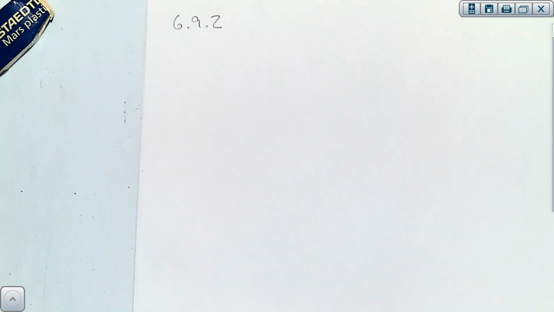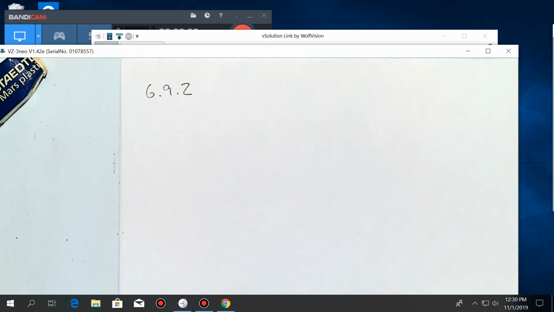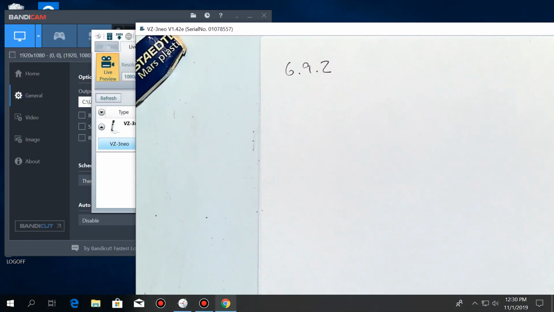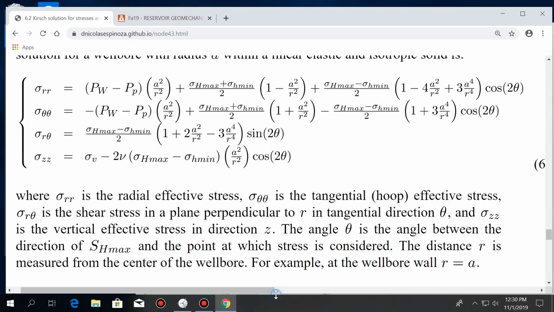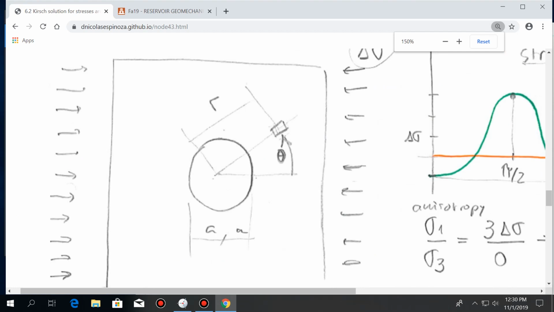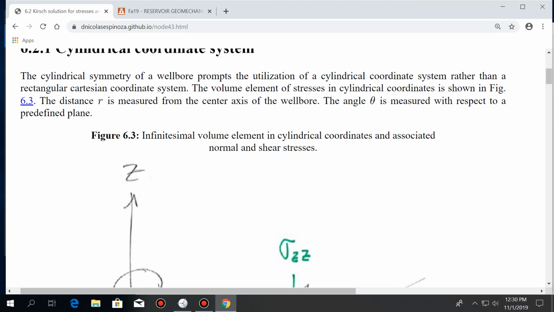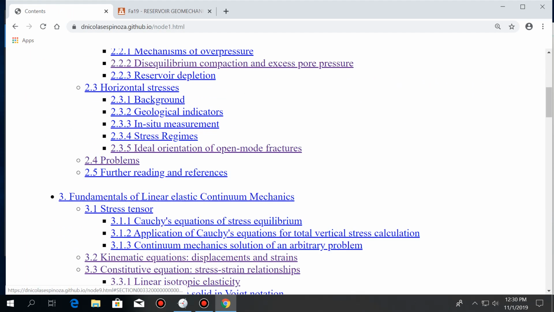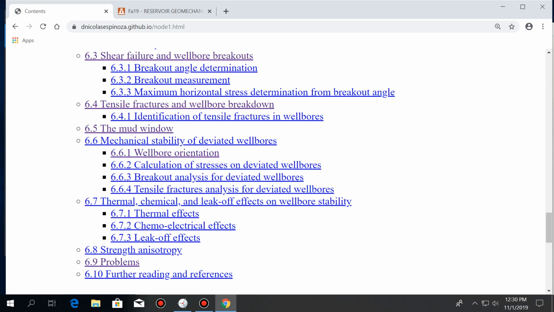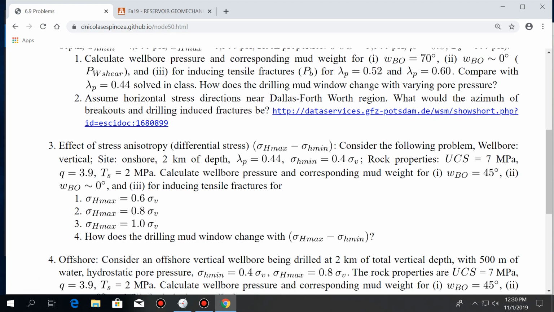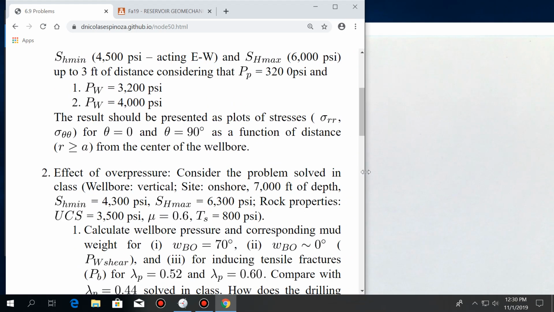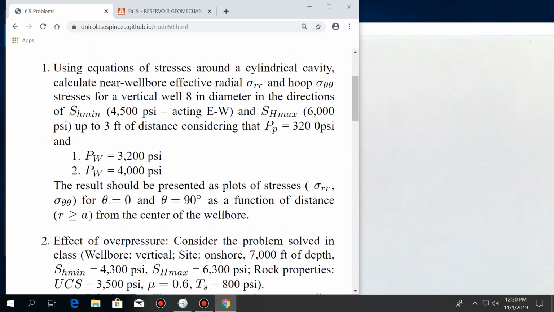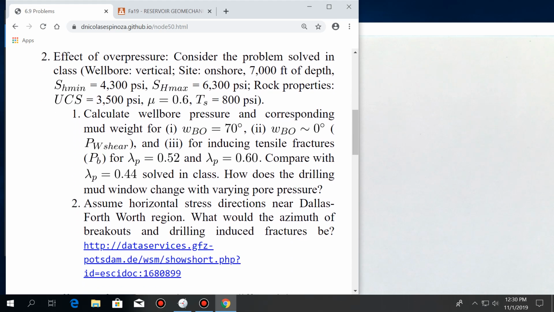In problem 692, we have to calculate these values for a given wellbore. All right, let's see problem number 2.